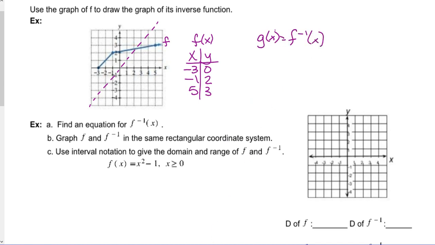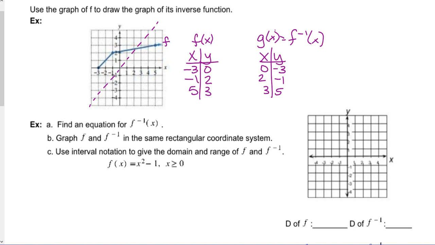In order to find the points on that, because the domain of this function is now the range of the other function, and the range of this function is the domain of that function, here's where we can just swap the x's and y's and get the new points of the inverse.